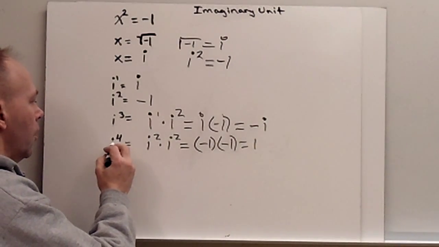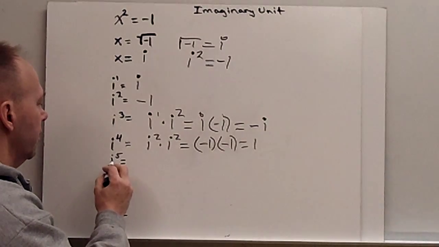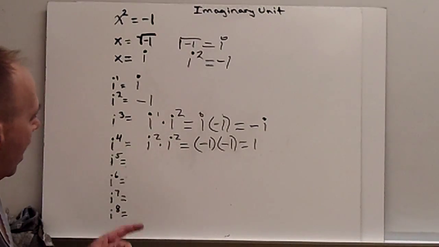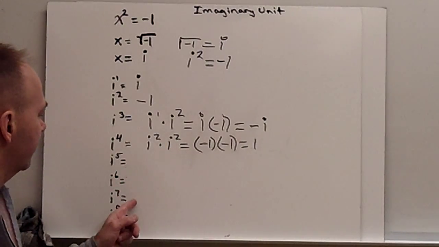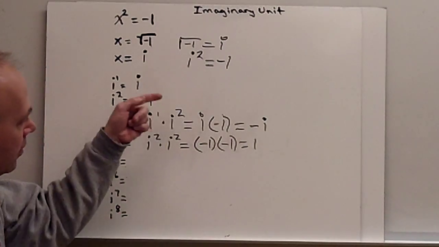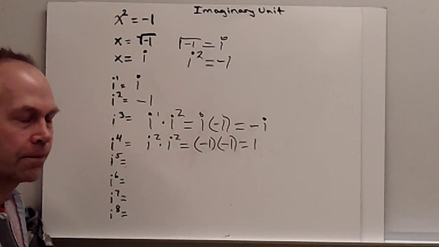Okay, not too hard. Now, what I would like for you to do, small assignment, is finish i to the 5th, i to the 6th, i to the 7th, and i to the 8th in the same fashion I was doing here. Use the powers that you know.